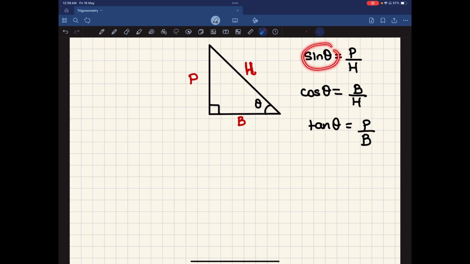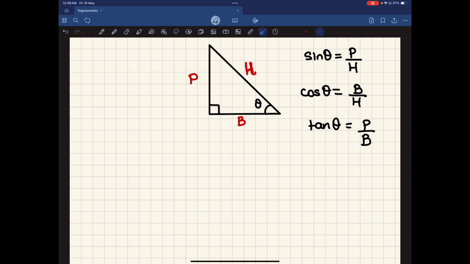Sine theta is P over H, cos theta is B over H. If you remove the H's, you'll be left with P over B. So that is tan theta. So sine theta is P over H, cos theta is B over H, and tan theta is P over B.